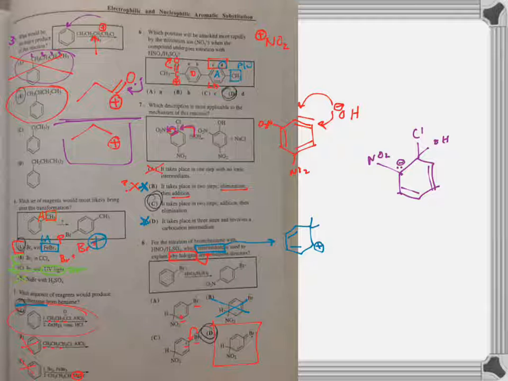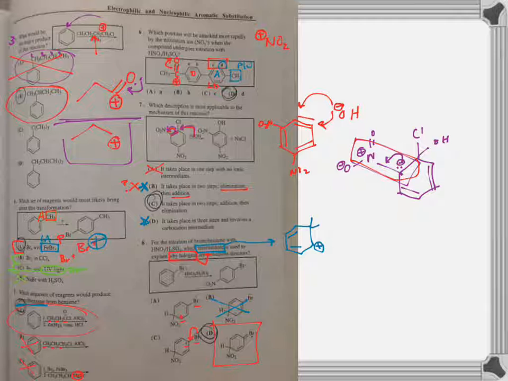What can you tell me about the nitro? Is this negatively charged species resonance stabilized? Yeah. So is that addition step something that could theoretically happen?